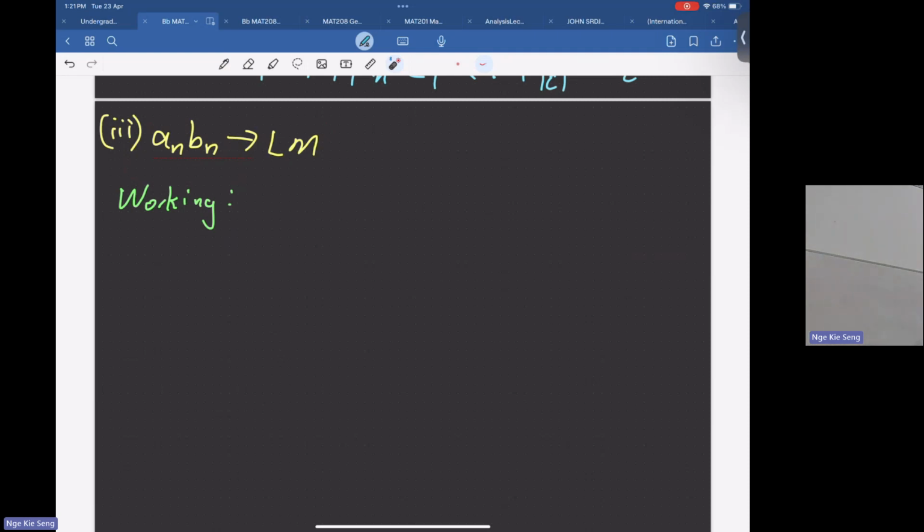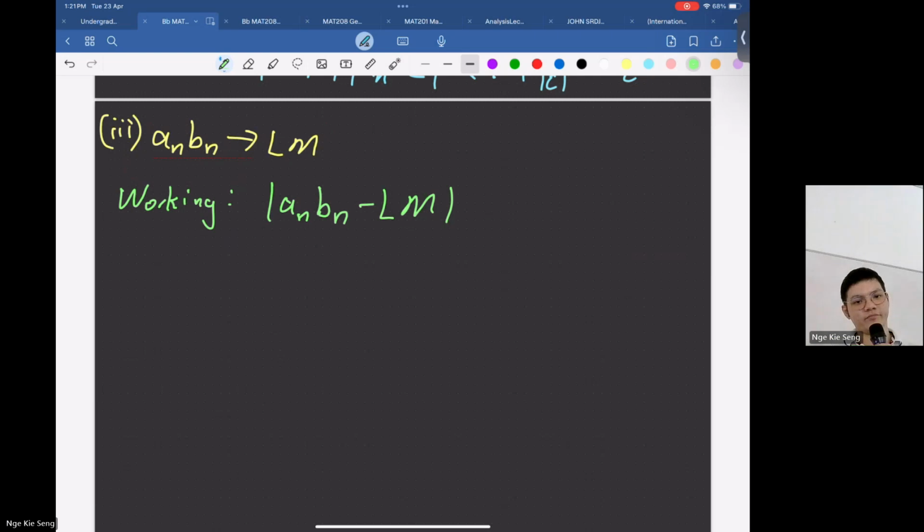So we consider the difference an bn minus lm. How do we relate this? From previous experience, we want to relate this to an minus l and bn minus m. How do we relate to the absolute value of an minus l and absolute value of bn minus m? Any idea?